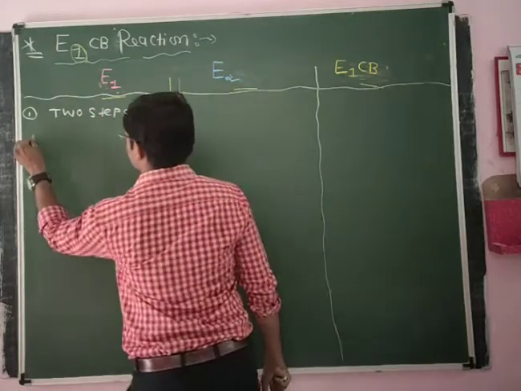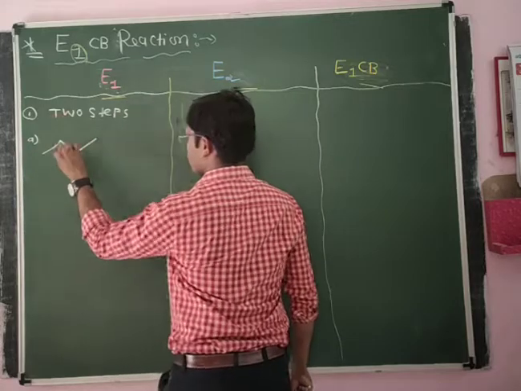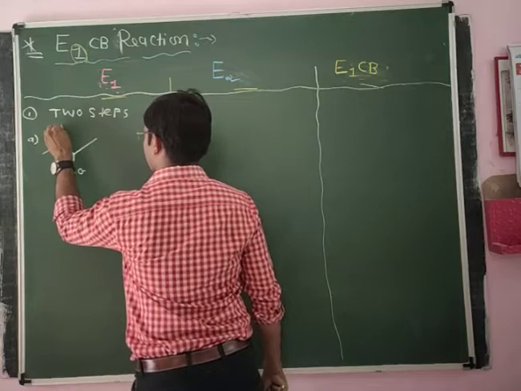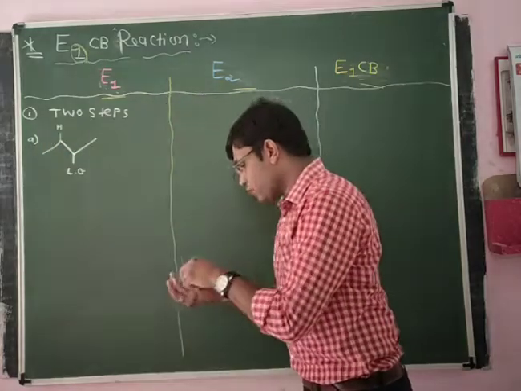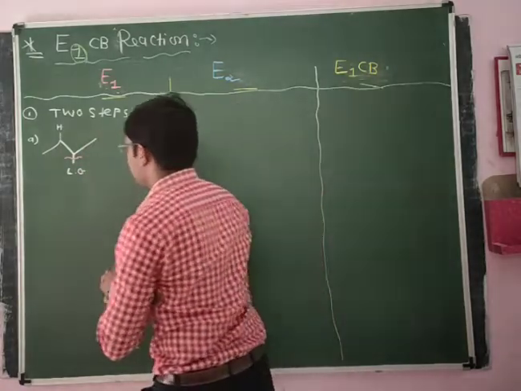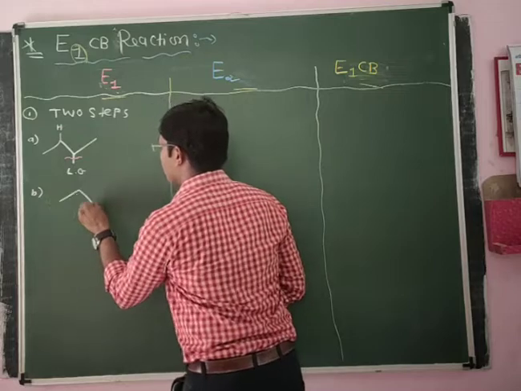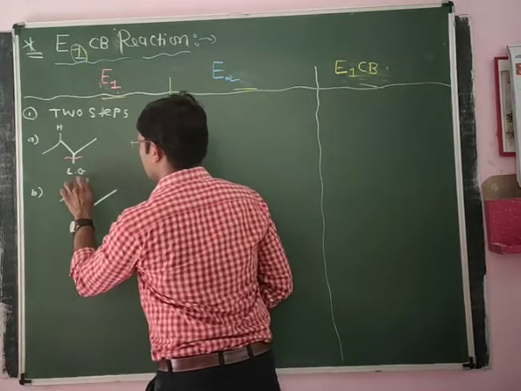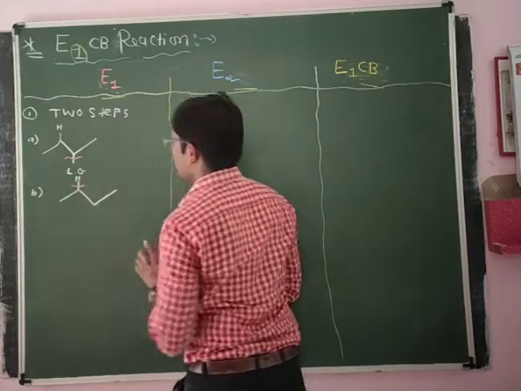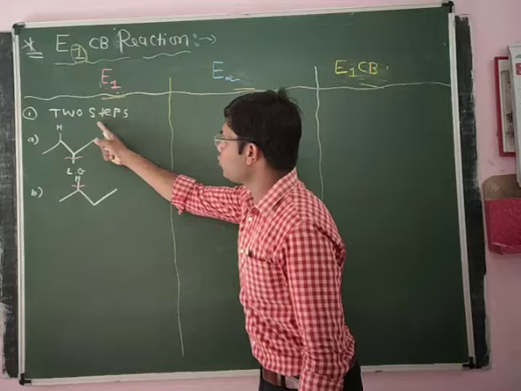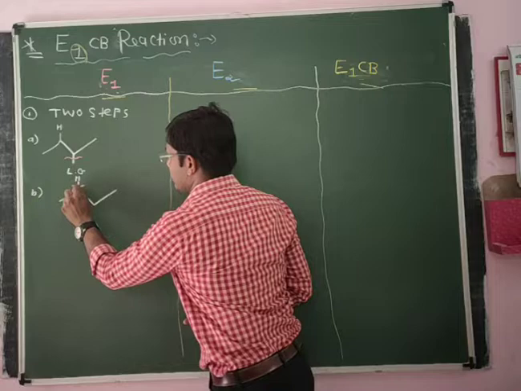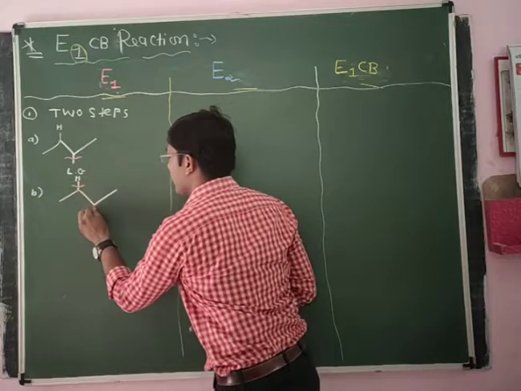In the first step, removal of the leaving group and formation of the carbocation. And in the second step, removal of the beta hydrogen.